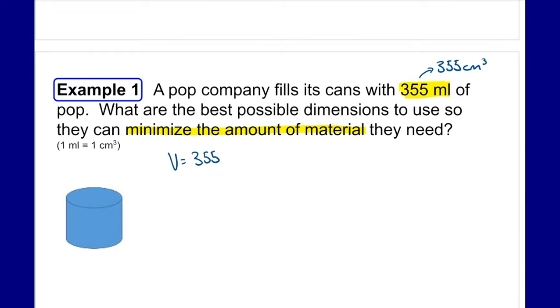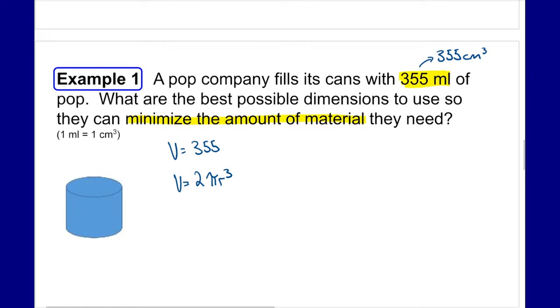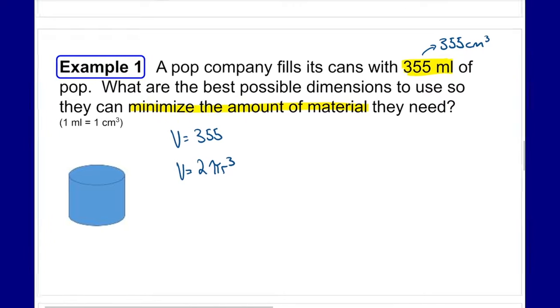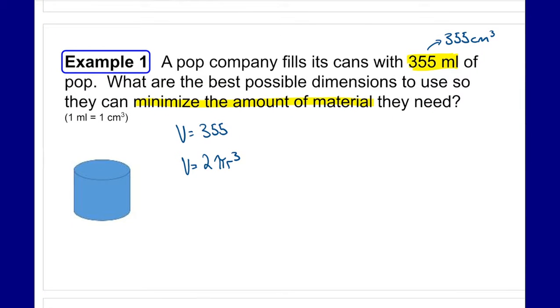Because we're given the volume, we're going to have to use the volume formula to help us come up with our dimensions. So in this case, the volume formula, V equals 2 pi r cubed. That was the volume formula that we found on the previous slide. Now we substitute in the information that was given to us, which is that volume: 355 equals 2 pi r cubed.